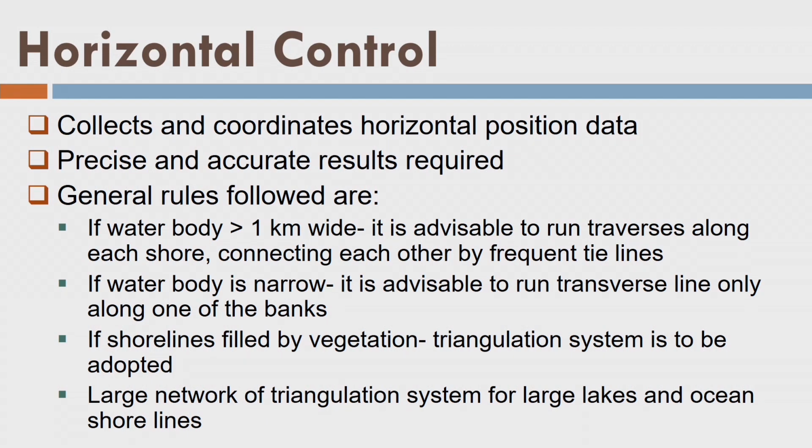What are the general rules we should follow? The first rule is, if the width of the water body is more than 1 kilometer, what should we do? Let us say there are two shorelines and the overall width of the water body is more than 1 kilometer. So what do we recommend? We should conduct this survey from both sides. That means we draw the lines from both sides and conduct the survey.